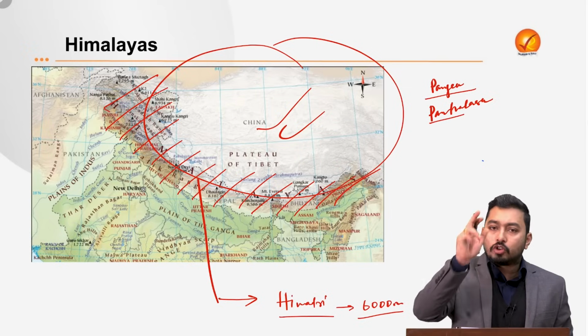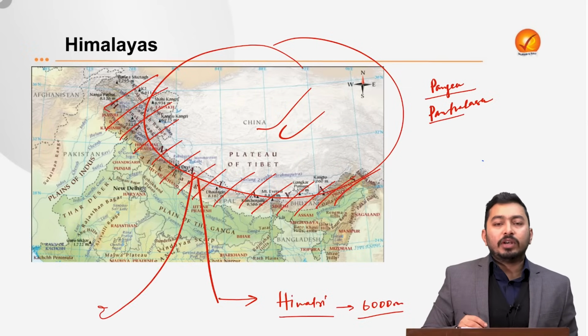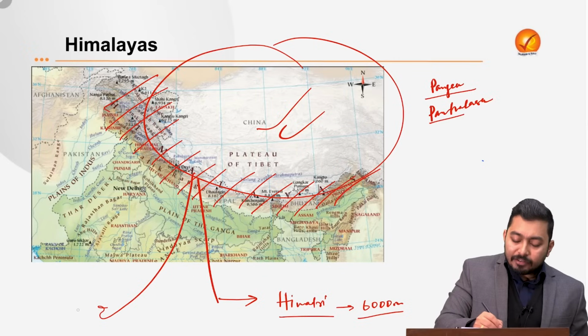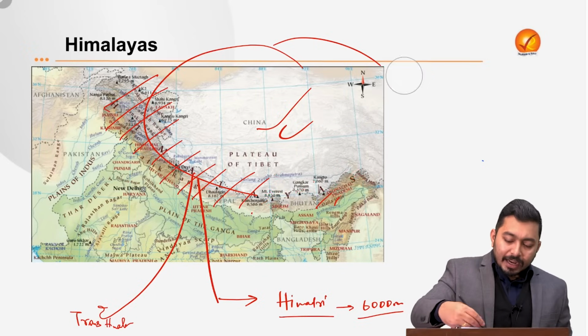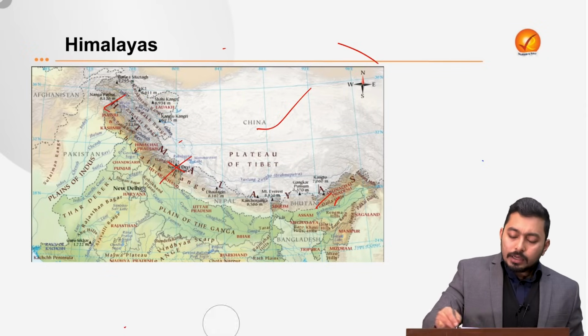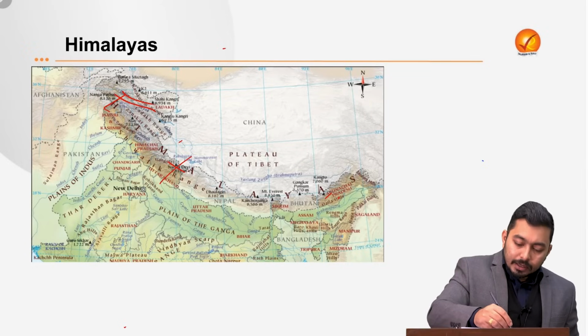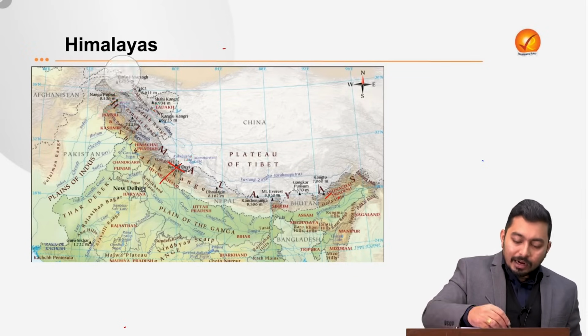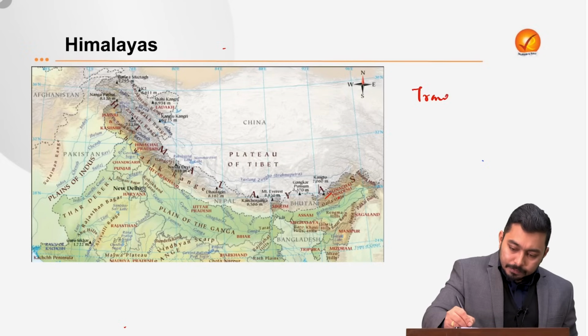Now you must also appreciate that before Himadri, what kind of mountain ranges do we have? We have the Trans-Himalaya. So if I want to classify the Himalayas into some parallel ranges, the first one will be the set of parallel ranges called the Trans-Himalaya.